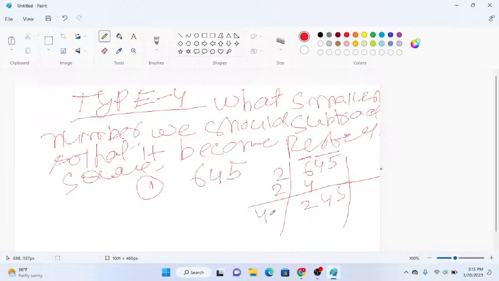If we are checking this number by 5, this is 5 5s are 25, carry 2, 5 4s are 20, 22. So this is less. If you go for 6, so 6 6s are 36 and 6 4s are 24, 3, 27. It is what? Greater.